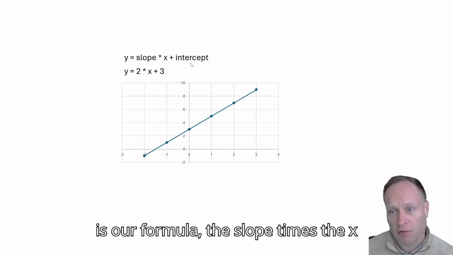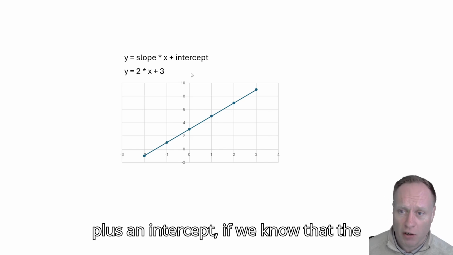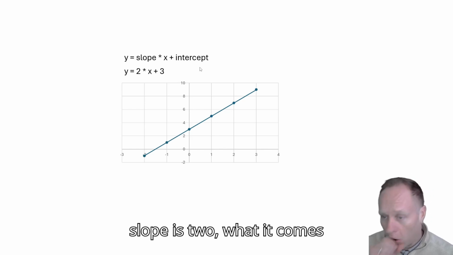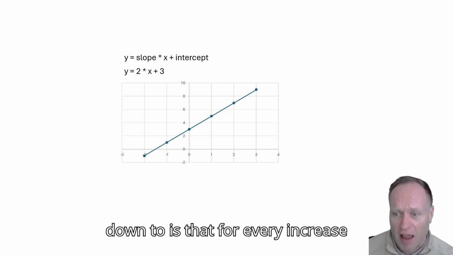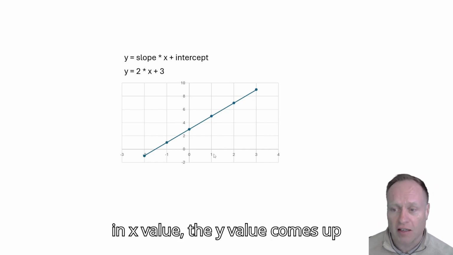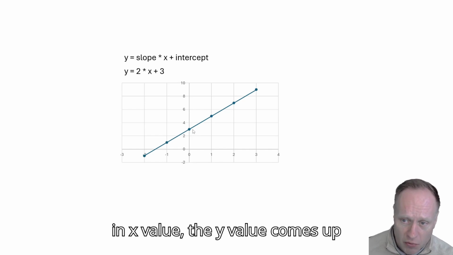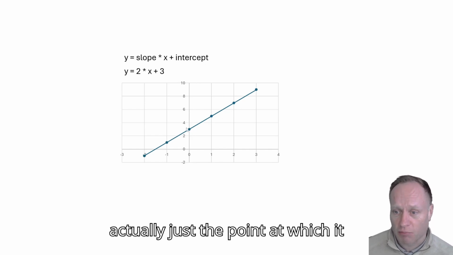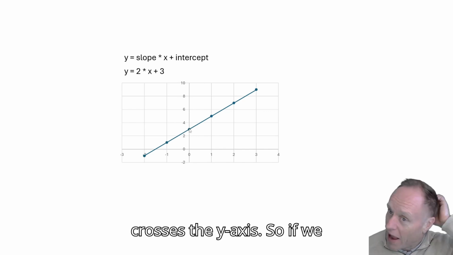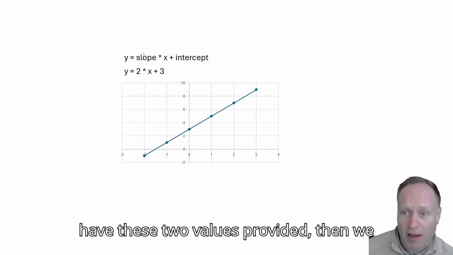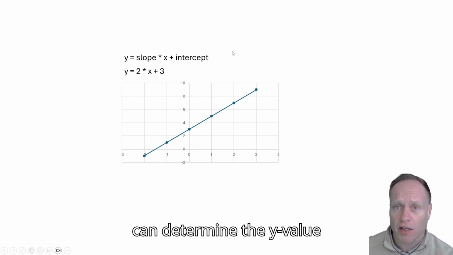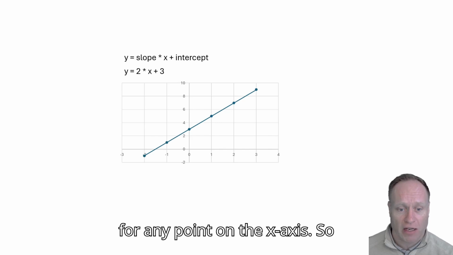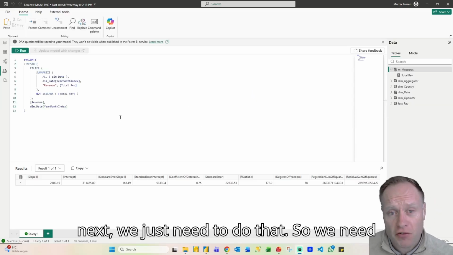If this is our formula, the slope times the x plus an intercept, and we know that the slope is 2, what that comes down to is that for every increase in x value, the y value comes up by 2. And the intercept is actually just the point at which it crosses the y-axis. So if we have these 2 values provided, then we can determine the y value for any point on the x-axis. So next, we just need to do that.